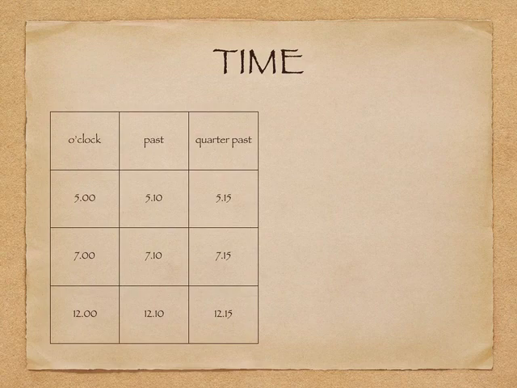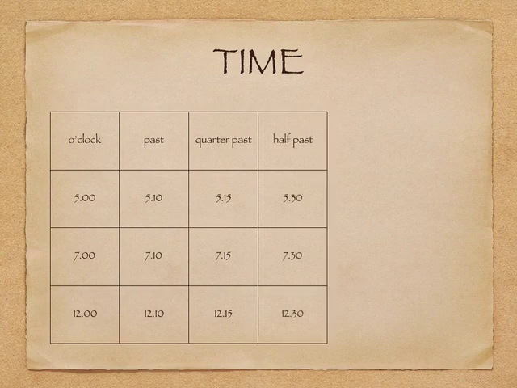The last one, quarter past 12. Okay. Right. Next, we can also say the time. See here, for example, 5:30, 7:30, 12:30. In English, we can also say these times with the phrase half past.